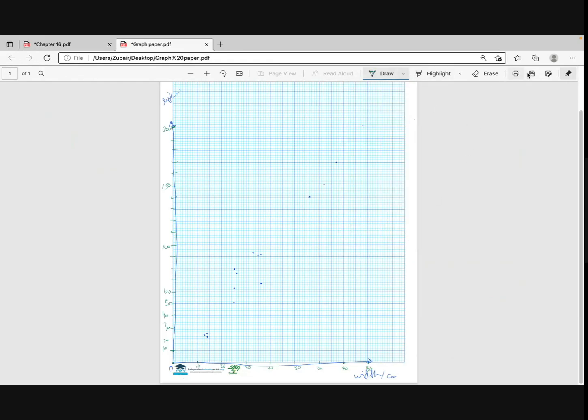Now, I would make attempts, you can see this cursor moving. I'm going to try to draw a line through this, and it should be a bit higher.